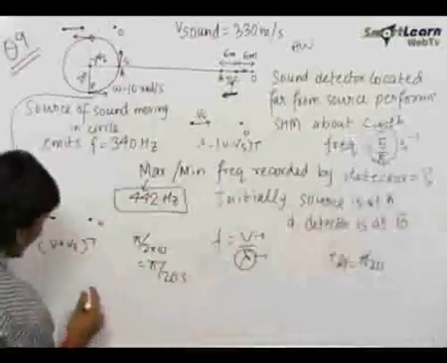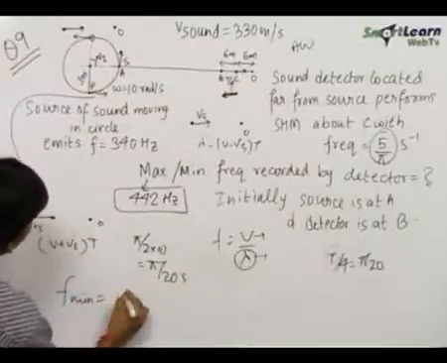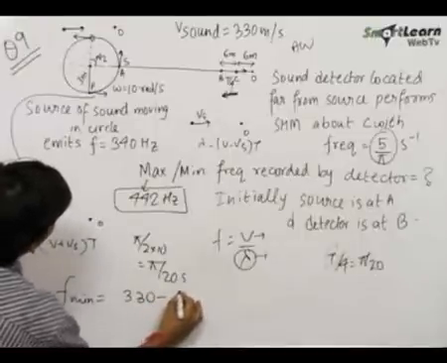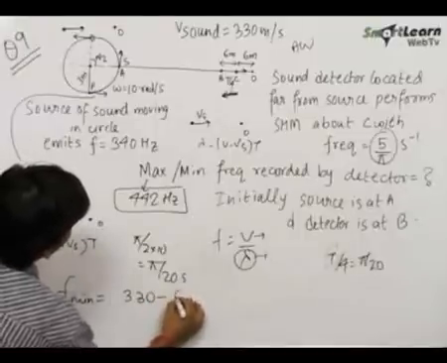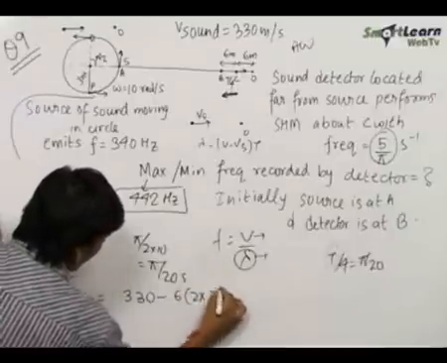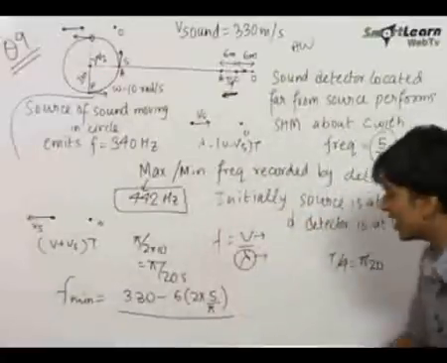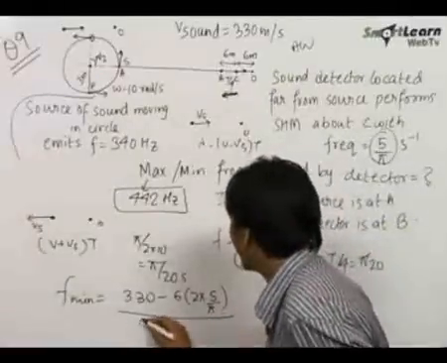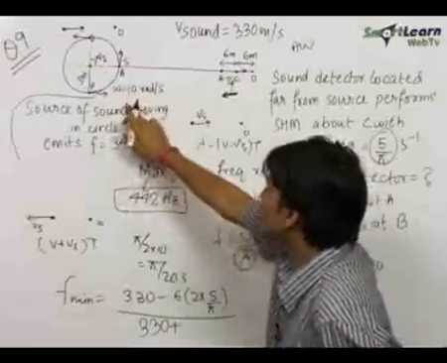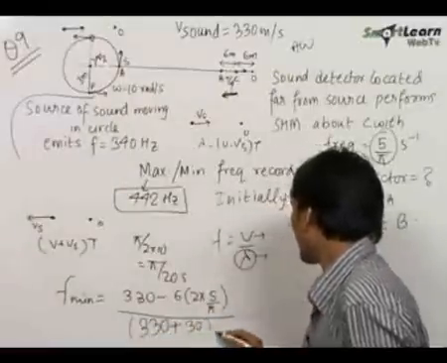Therefore on solving this, we get f minimum is equal to velocity of sound with respect to observer, that is 330 minus A omega, that is equal to 6 into 2 pi into 5 upon pi, upon the wavelength, that is equal to v plus vs into T, that is 330 plus velocity of source, that is equal to omega into r, that is 30, into T, that is 1 upon f.